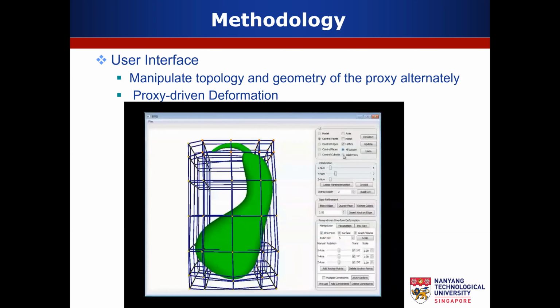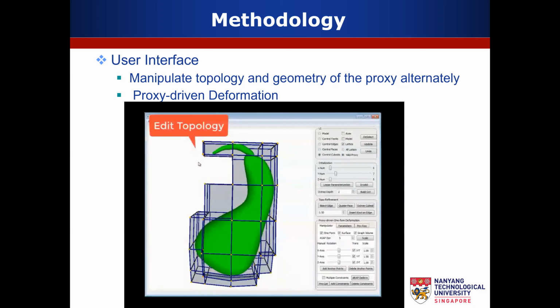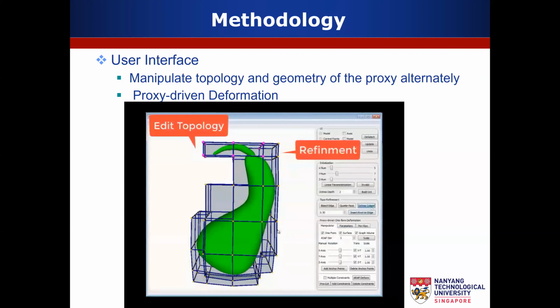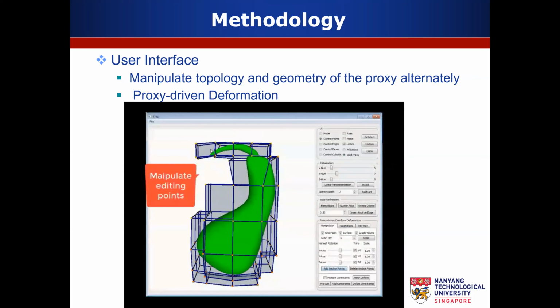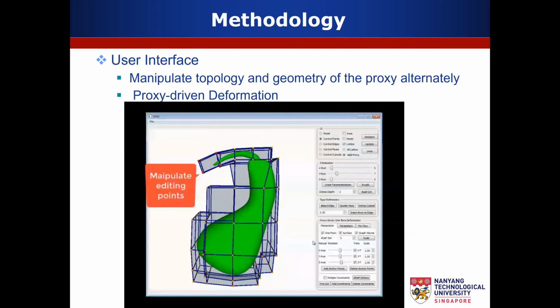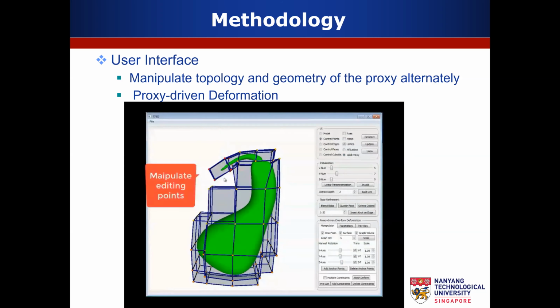So the user interface can switch between the whole lattice and the proxy. Here we can edit the topology of the control lattice to insert more control points for this region. Also, the proxy-driven deformation could get a good result.